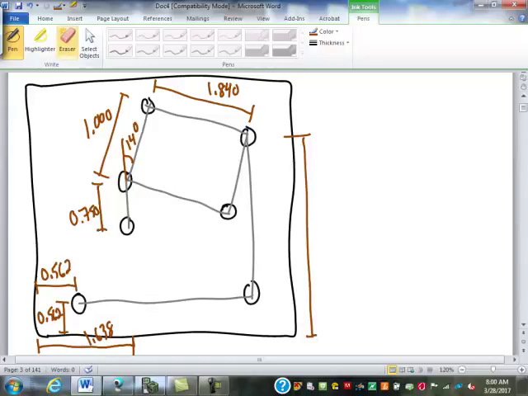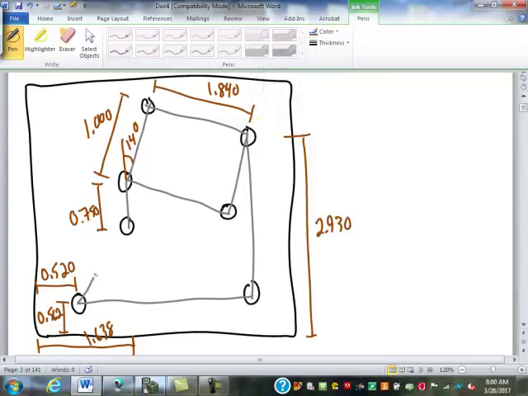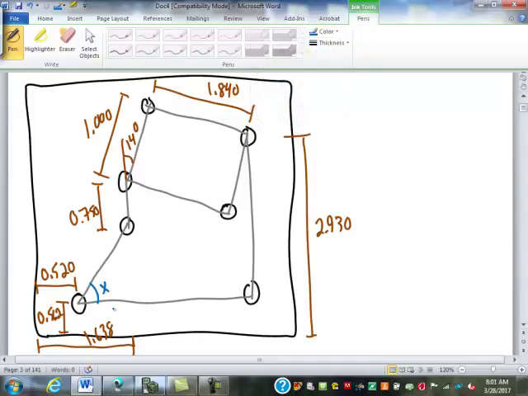Okay. Wow. I gotta wake up this morning. 0.520, there we go. This is 2.930 here. And what we're asked to find is this angle right here, X.